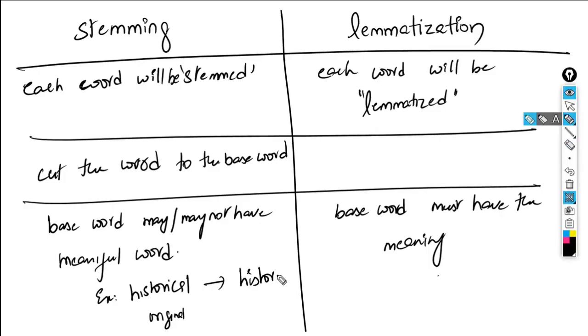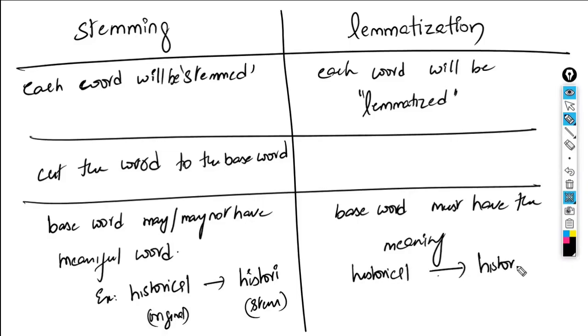It may convert to anything. This is called the stemmed word. The same word, historical, if you give it to lemmatization, it will give the output as history. History or historical or something, whatever it is, but the meaning will be there. Here the word is not important, the meaning is important.